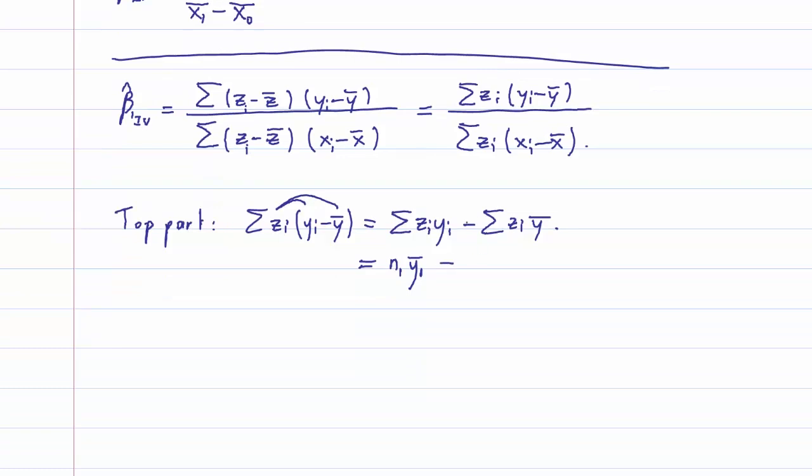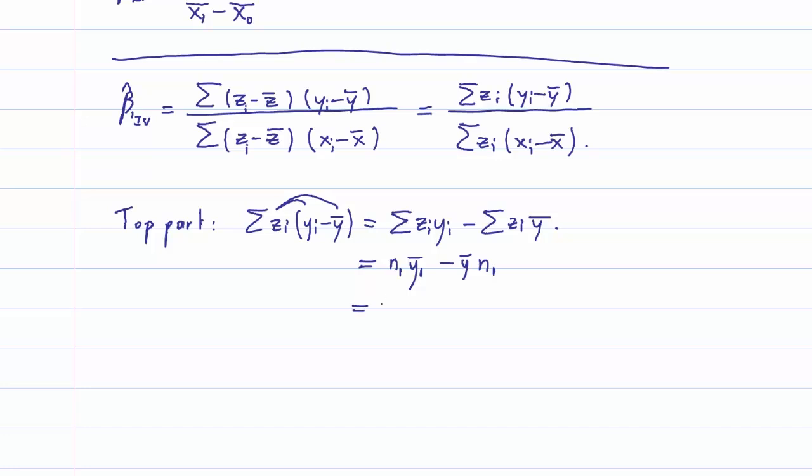Now I have minus. I can take the y bar out of the sum because it's a constant, it doesn't depend on i. So I have y bar, and then the sum of the zi, which is a sum of zeros and ones. And how many ones do I have? I just have n1 ones.